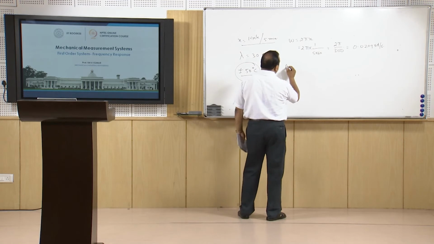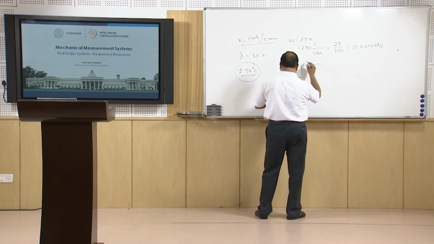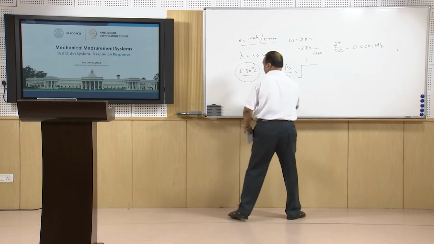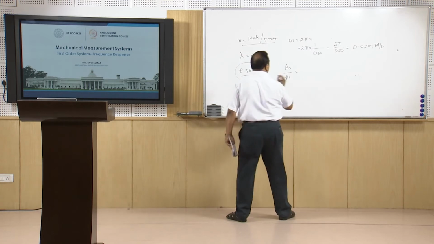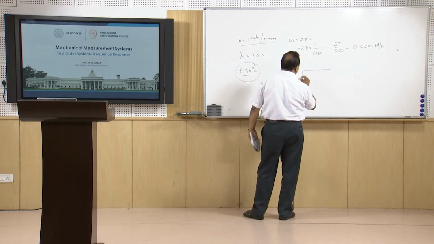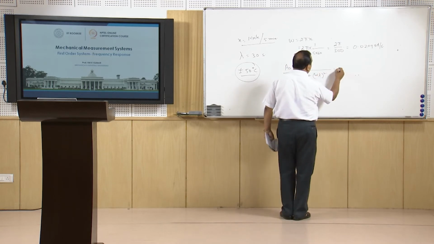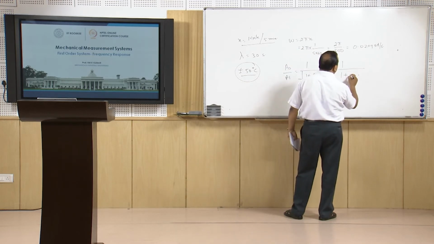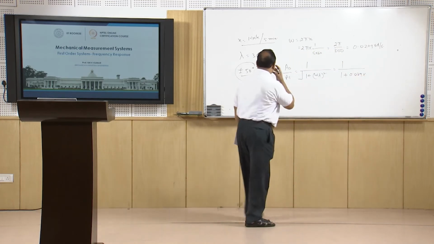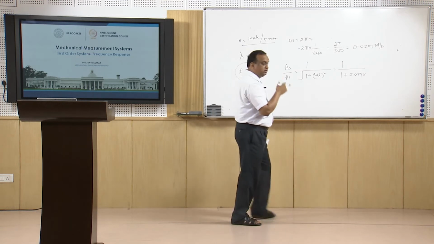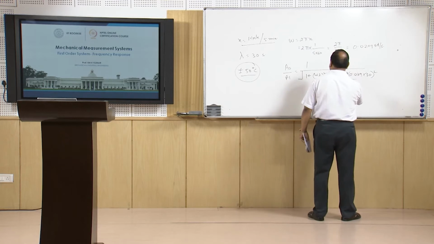Now, the amplitude of output divided by the amplitude of input is equal to 1 by under root of 1 plus (omega lambda) whole square, which is equal to 1 by under root of 1 plus (0.0209 multiplied by lambda, where lambda is 30 seconds) whole square.